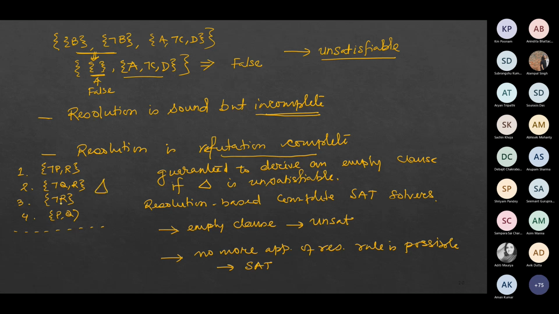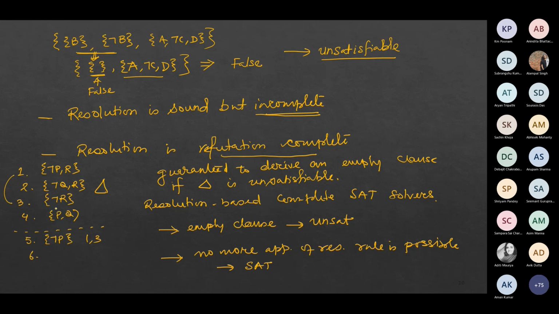Now what we can do is apply resolution here on R to derive not of P. Here we can get not of P if we apply resolution over the 1 and 3 clauses.